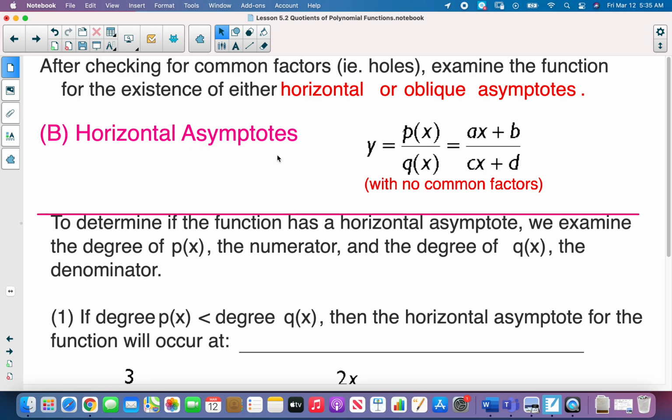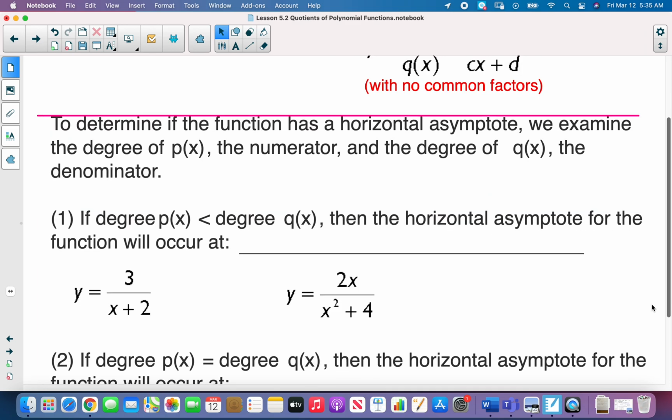So we have seen horizontal asymptotes. If you have a function y equals p of x over q of x, which is ax plus b divided by cx plus d, and it has no common factors, and you want to determine if the function has a horizontal asymptote, we just look at the degree of the numerator and the degree of the denominator.